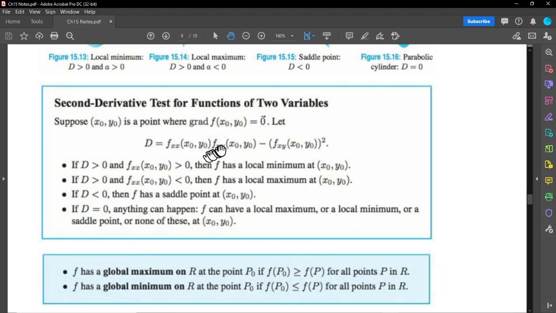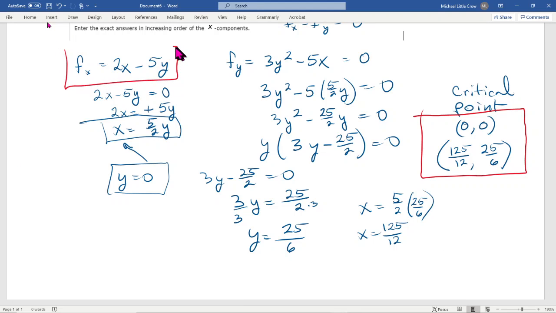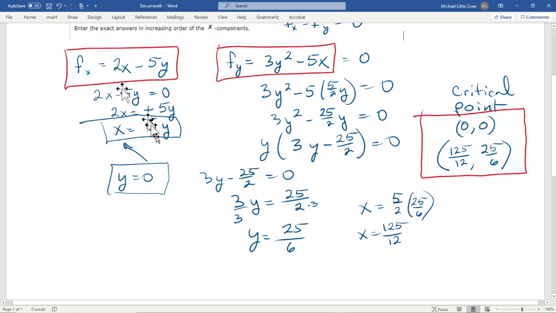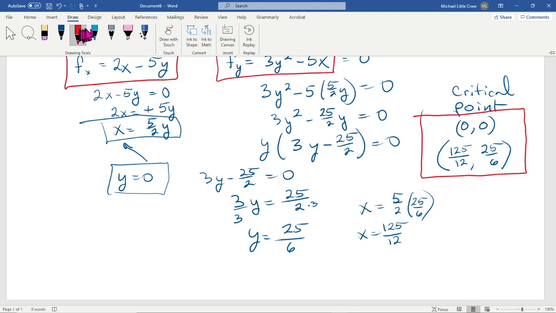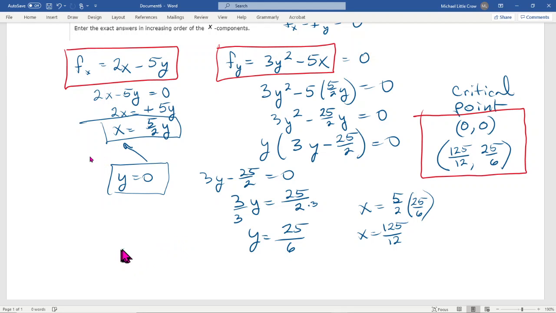So we've got to get the second partials. Okay, so we're going to build off of these partials here, and then use that discriminant. So let's switch colors a little bit so we know we're doing something new. A little bit of green. Okay.